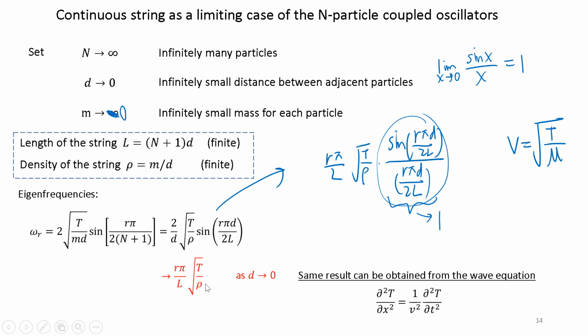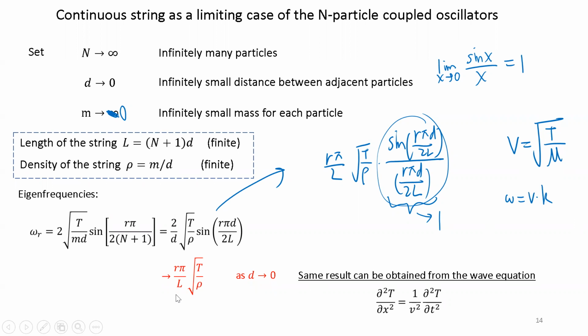Furthermore, remember that omega is equal to v times k, where k is the wave number. So you can verify that this omega, which is equal to v times k, with v being this one, you should recover this result over here.